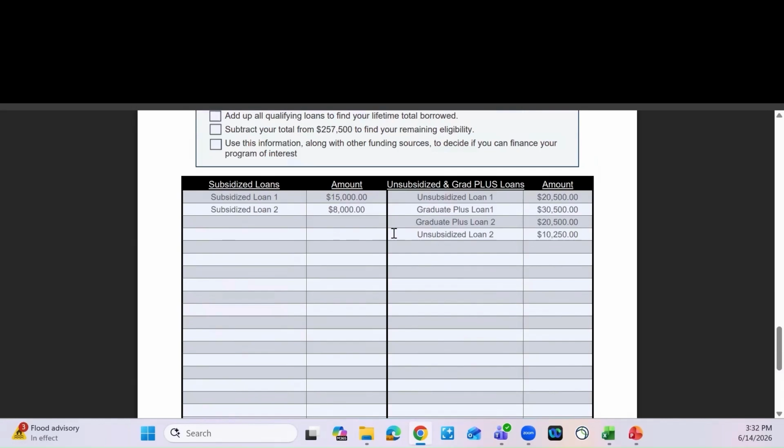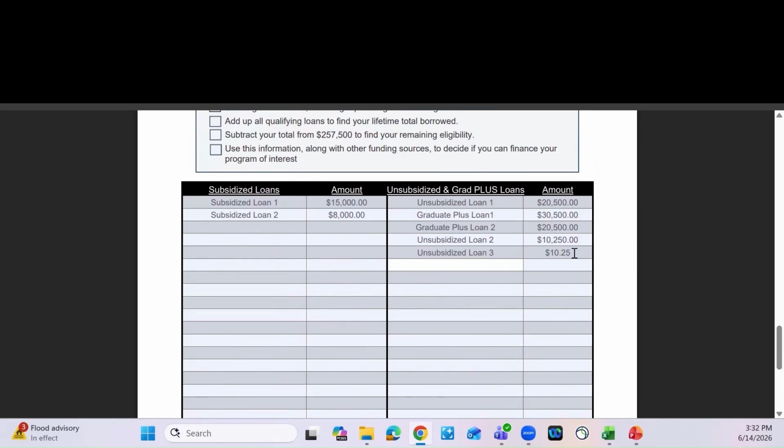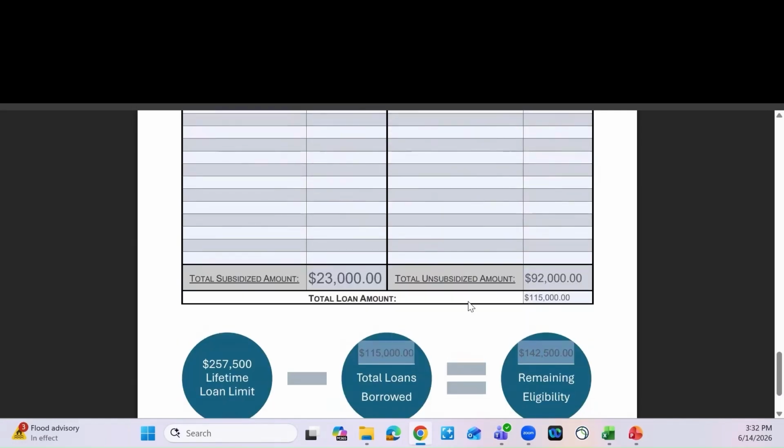Once entered into this section, for example, if there was an unsubsidized loan 3 within an amount of $10,250 in addition to what was noted here, the totals would be updated accordingly at the bottom, which will give you the total loan amount, for example, $115,000.